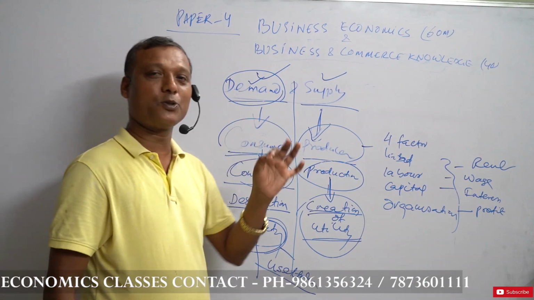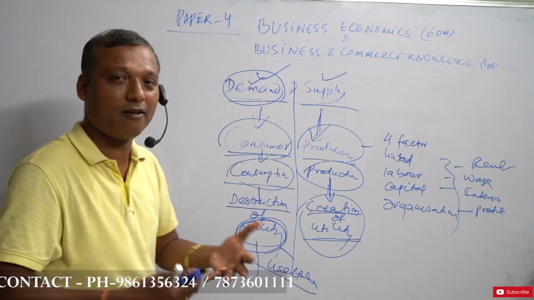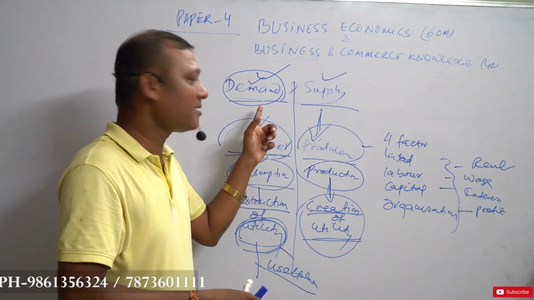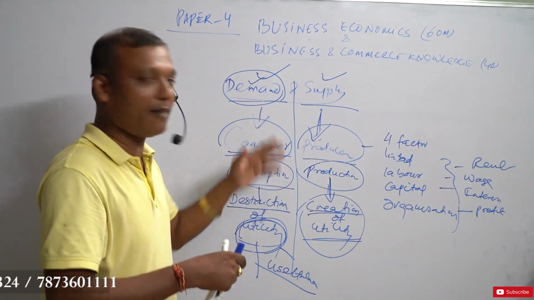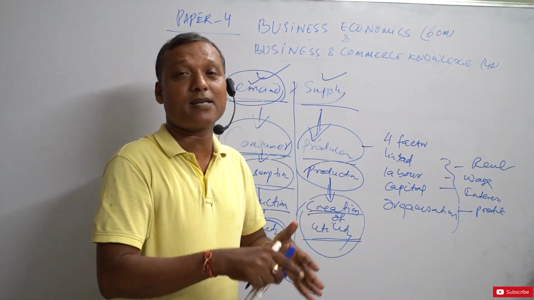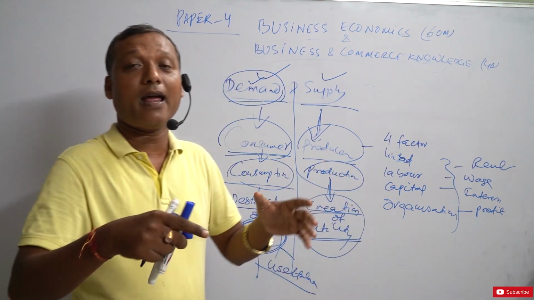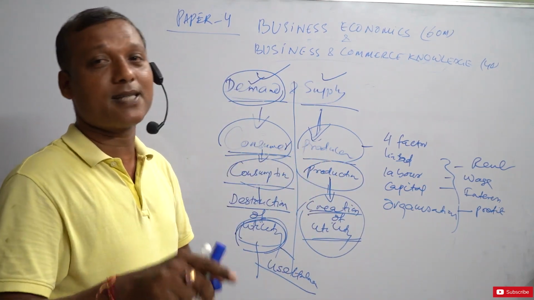I'm repeating, when you desire something, that becomes demand. But actually the demand becomes practical when you have the capacity to purchase the item and the willingness to purchase it.